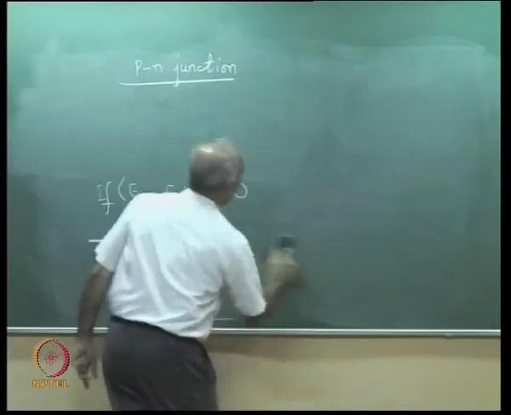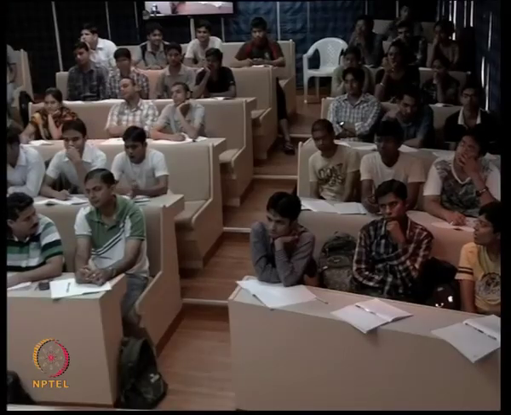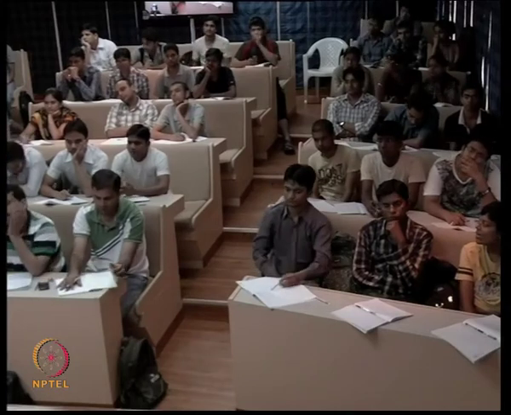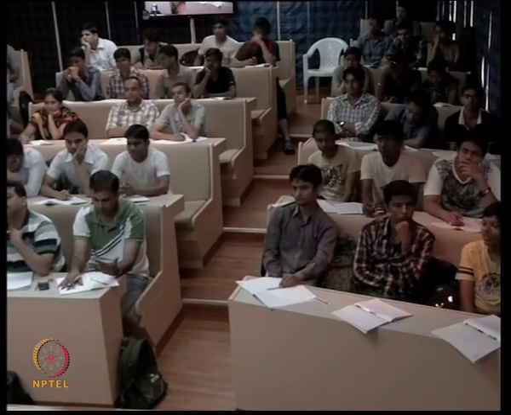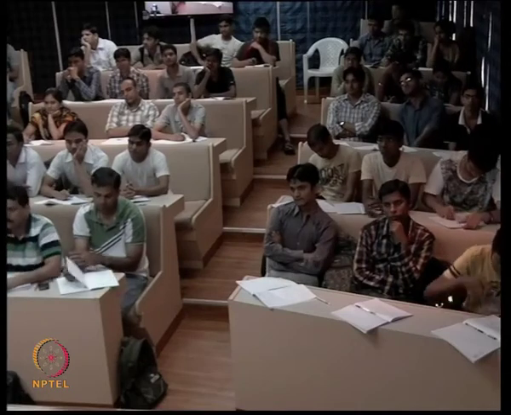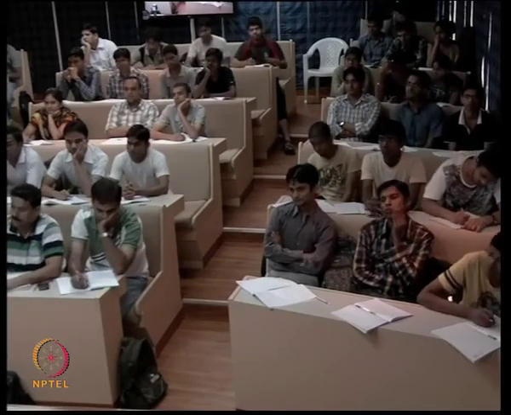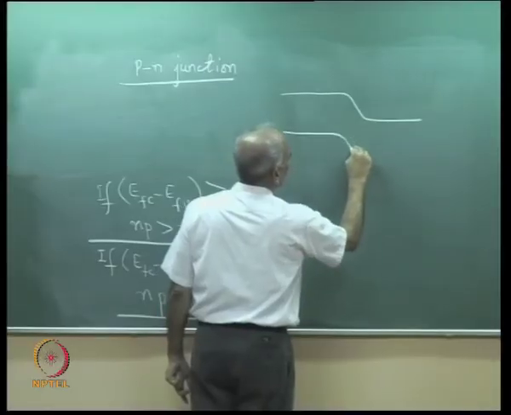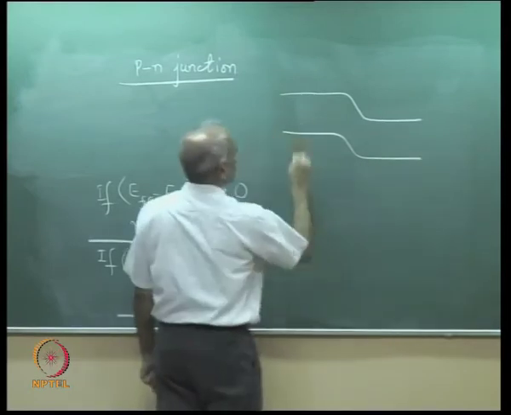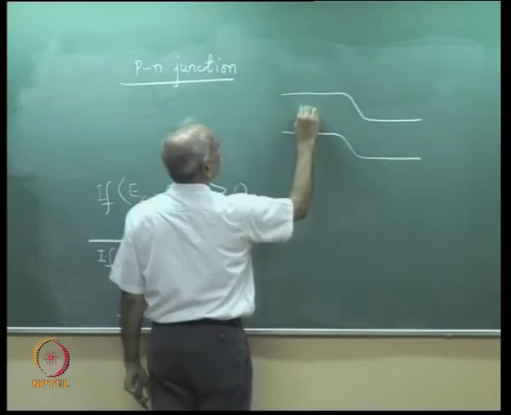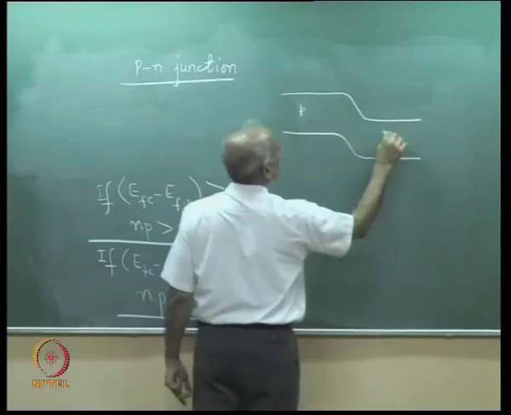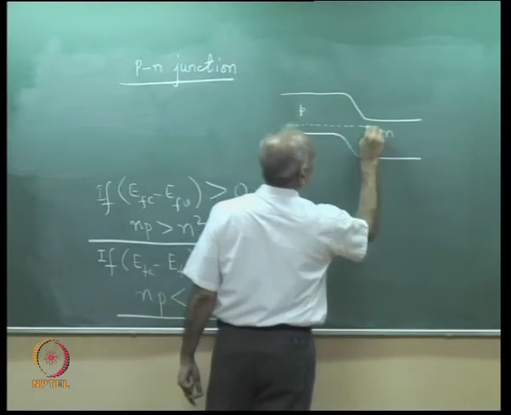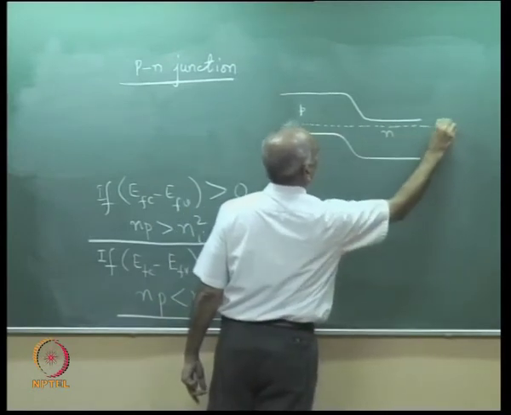All of you must be familiar with the band diagram of a p-n junction, I hope. So I am drawing the energy band diagram of a typical p-n junction. So this is p-type material, and this is n. And at equilibrium, we have one Fermi level, EF.